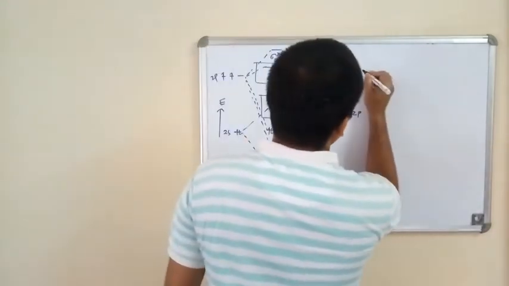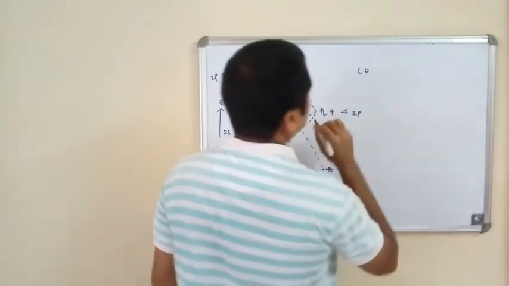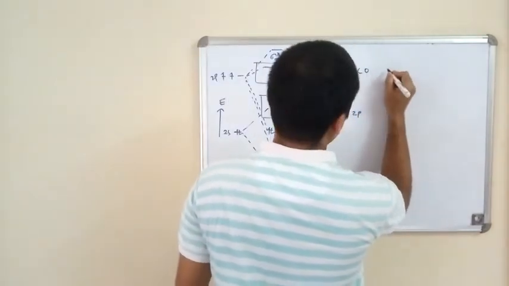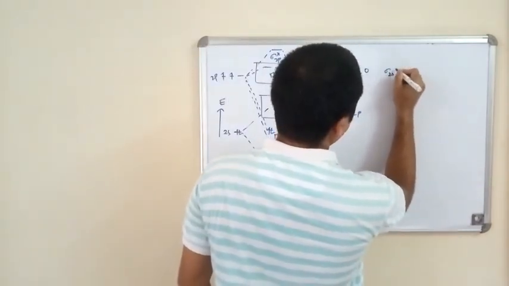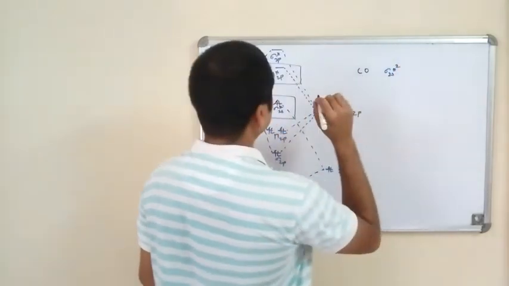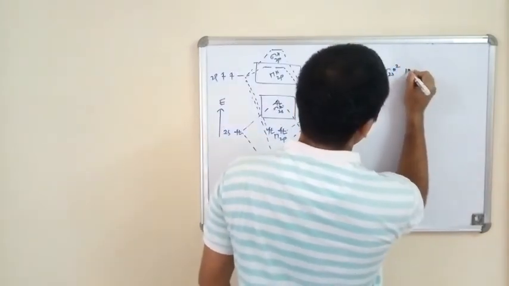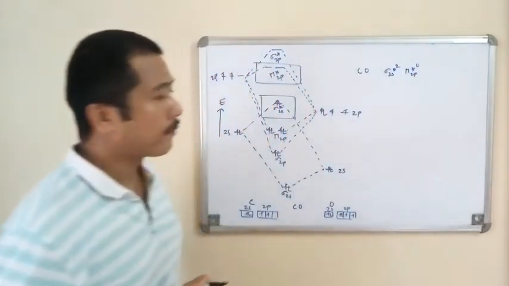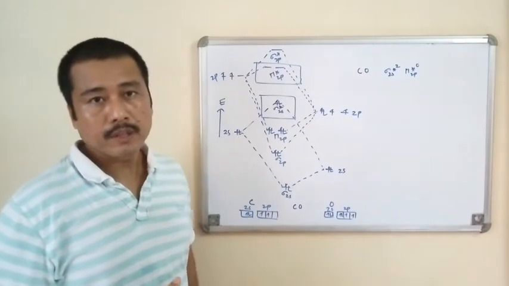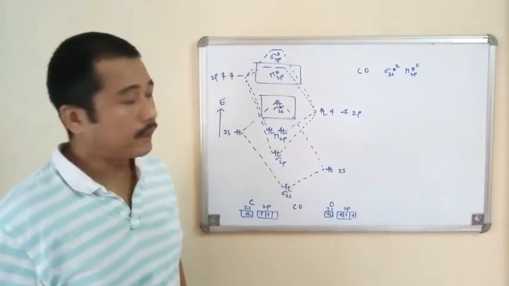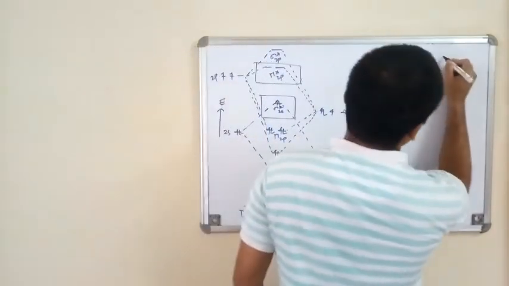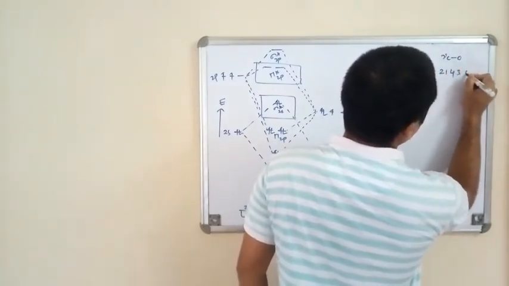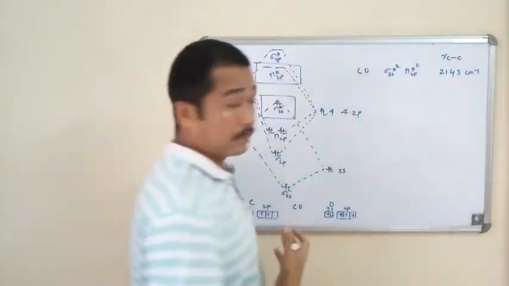So if you take free carbon monoxide, the electronic configuration for the HOMO and LUMO, if we draw for these, is sigma 2s star with 2 electrons and pi star 2p with 0 electrons. Now if you look at the CO stretching vibration of the carbon monoxide molecule, the mu CO is 2143 centimeter inverse for free carbon monoxide.